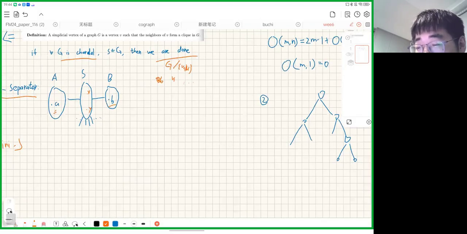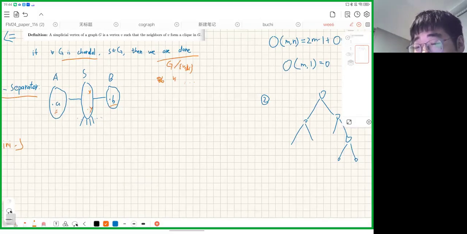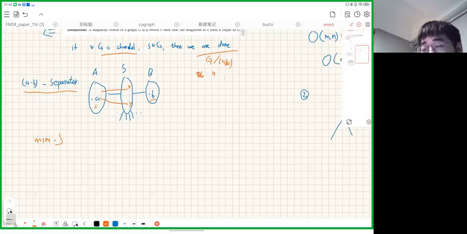Oh, by the way, a minimal separator means it's the smallest separator: no other AB separator is a subset of it. So all the elements in this separator should be a neighbor of A and a neighbor of B.